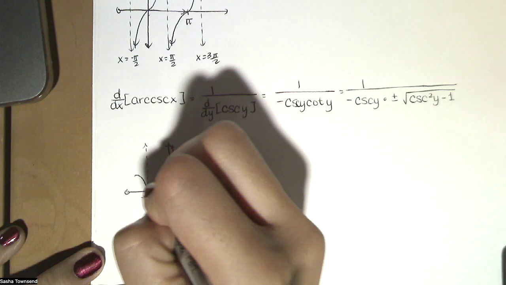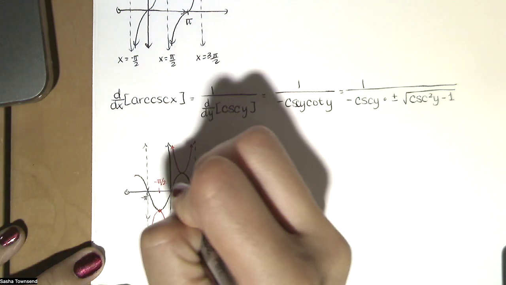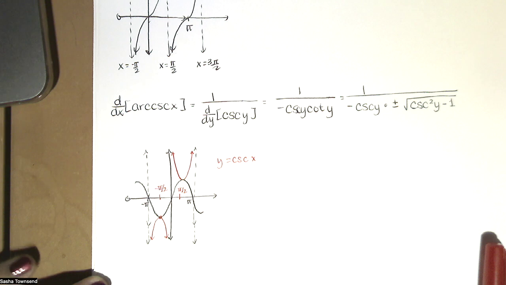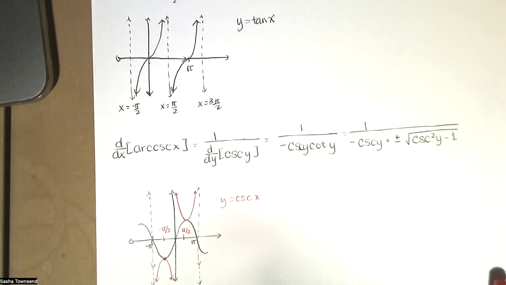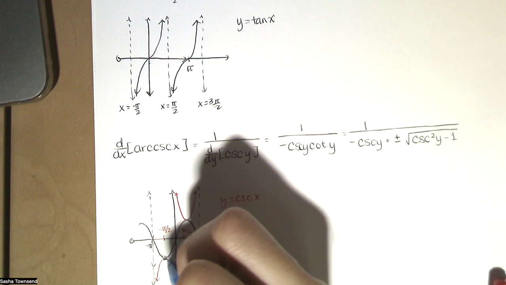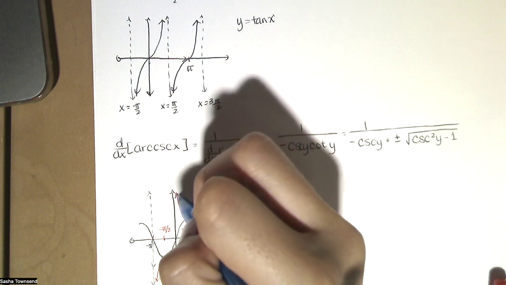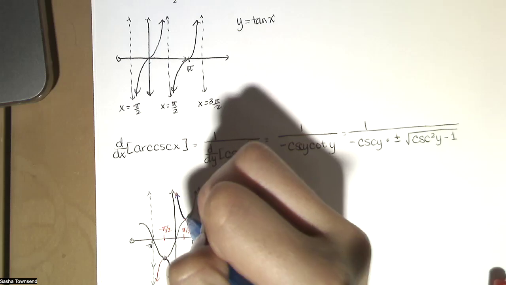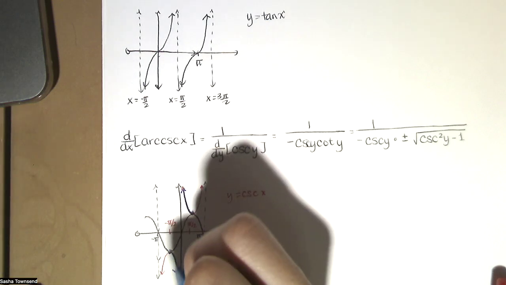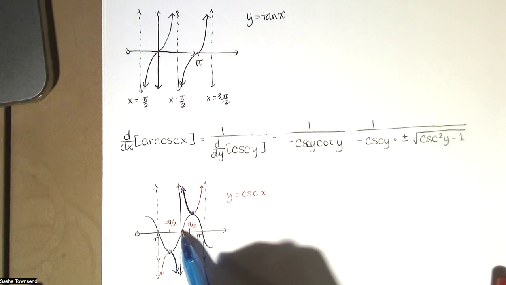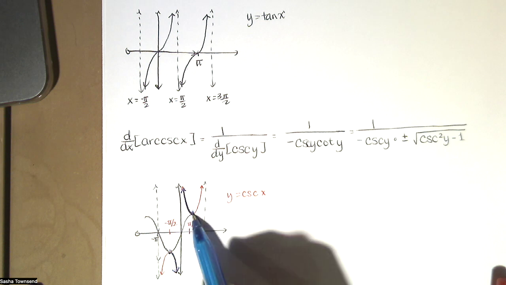And we're interested in it between negative pi over 2 and pi over 2. So we're just interested in this particular part. All right, so on the interval from negative pi over 2 to 0, cosecant is negative, and from the interval from 0 to pi over 2, cosecant is positive.